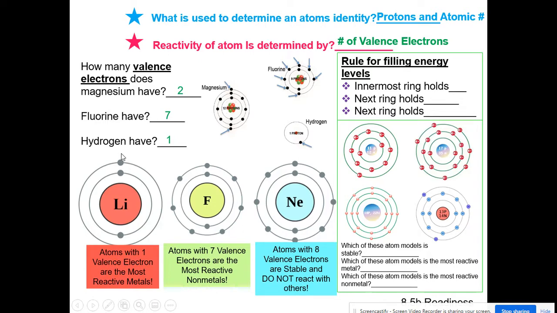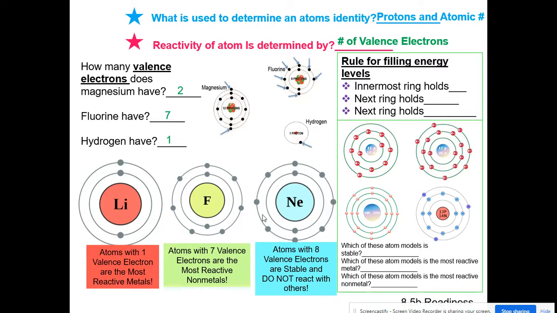For example, lithium only has 1 valence electron. Atoms with 7 valence electrons are the most reactive nonmetals. 1, 2, 3, 4, 5, 6, 7. Fluorine is one of the most reactive nonmetals.